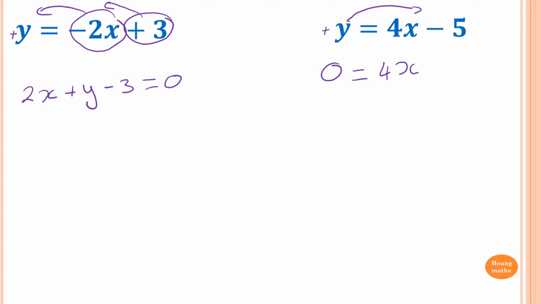Positive y, move to this side, becomes negative y. So minus y. The minus 5, I just write it down, which is minus 5. See, there you go. But then I write it in this way, and that's how we normally write. So that's it. That's the answer.